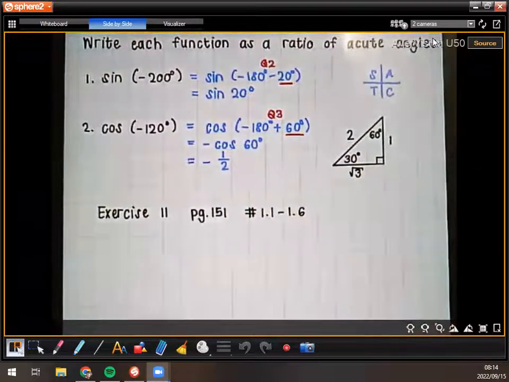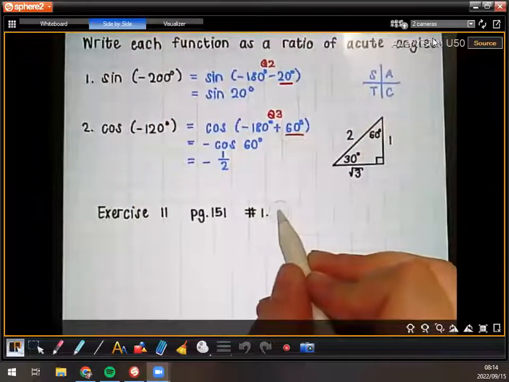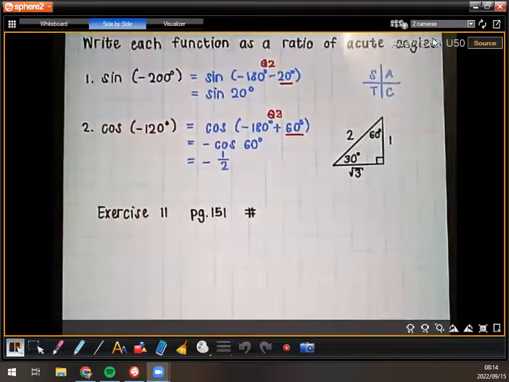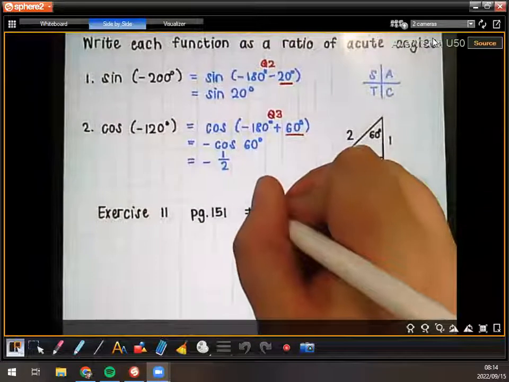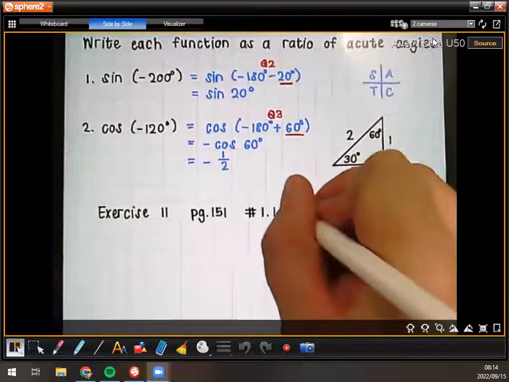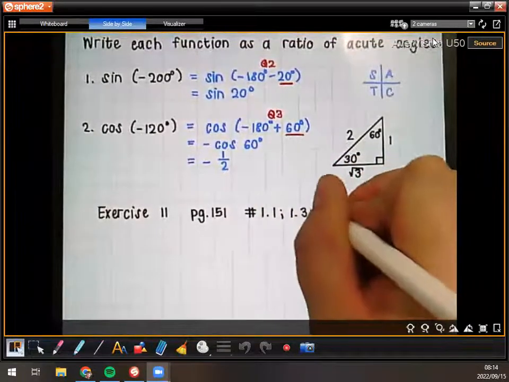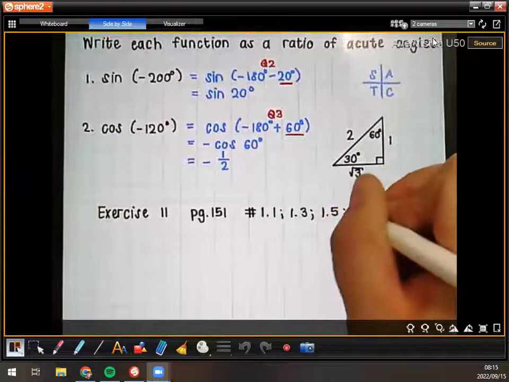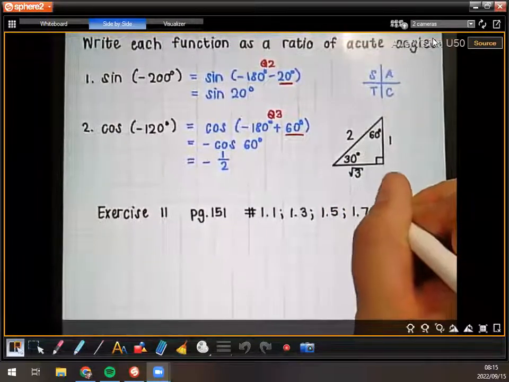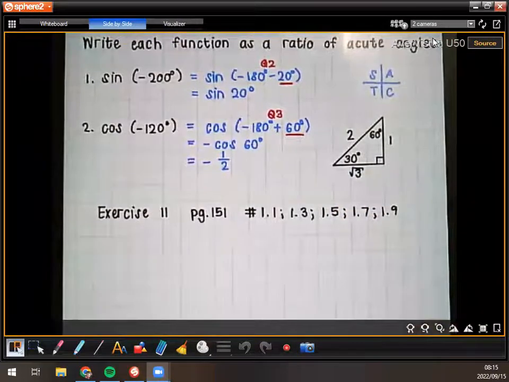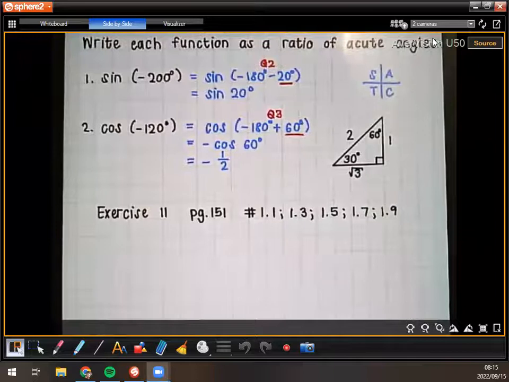So 121, no, actually, wait, let me change these. I'm going to give you specific ones, but it's basically the odd-numbered ones, the first five of those. Okay, you're going to do that now quickly. I'll give you 10 minutes.